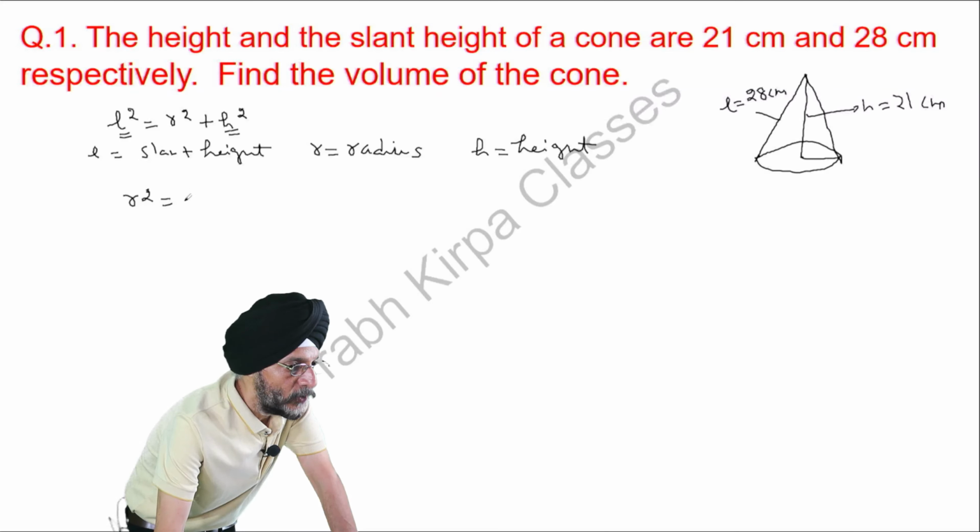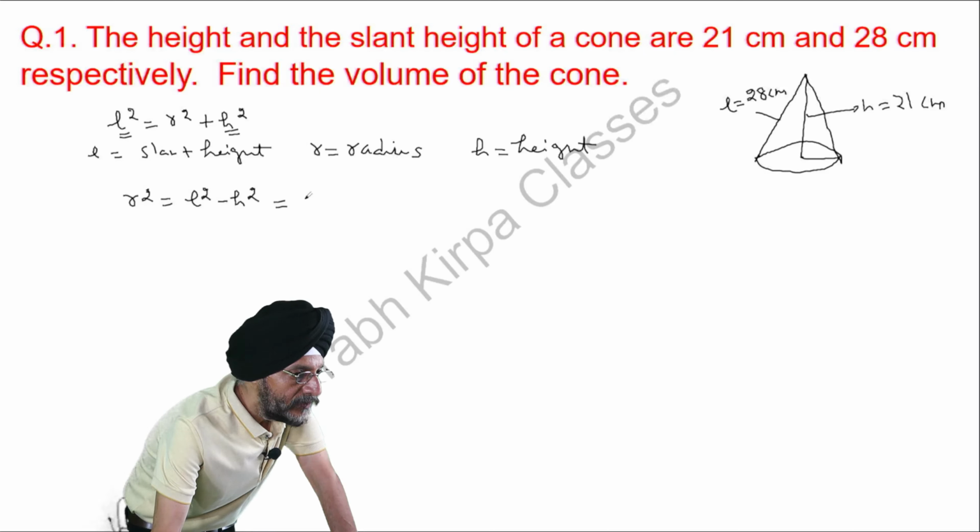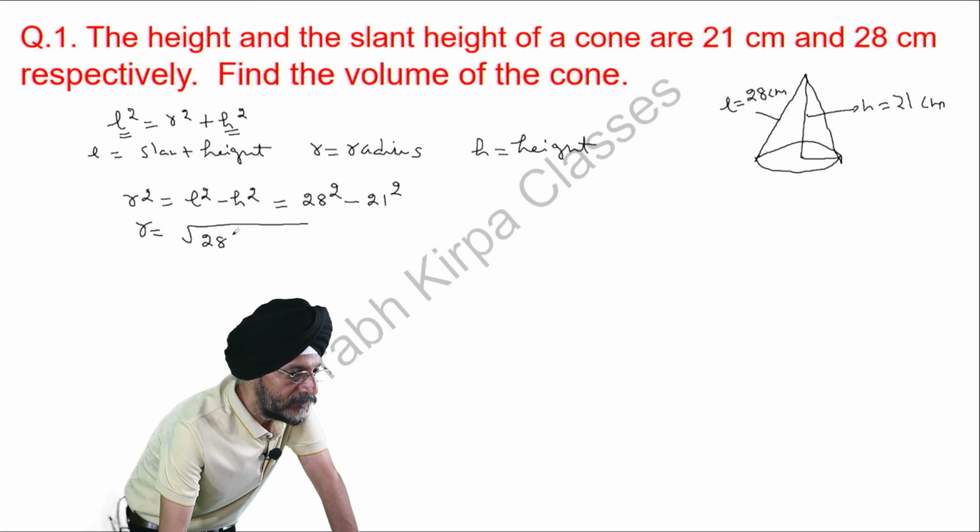R square is equal to L square minus H square. We will fill in the values. It comes L square, L is 28 square, minus height 21 square. In other words, we can say that R is equal to under root 28 square minus 21 square.